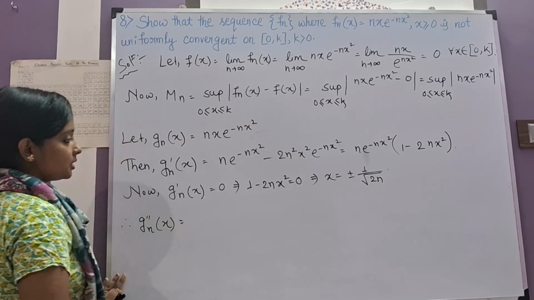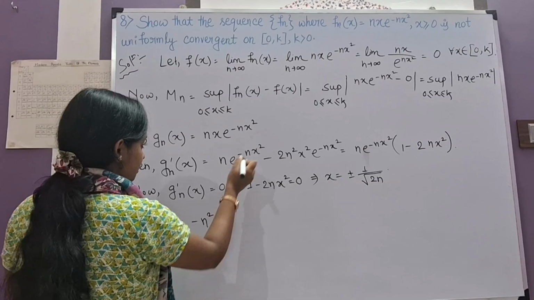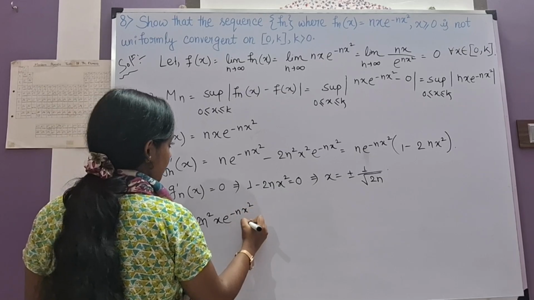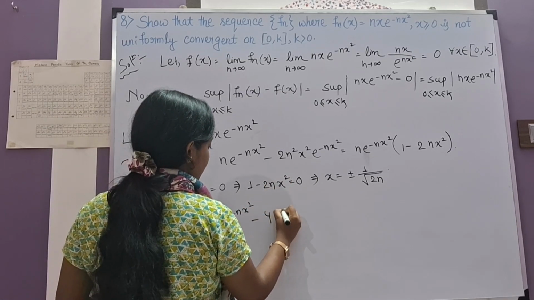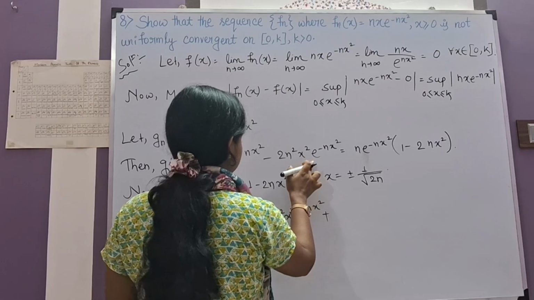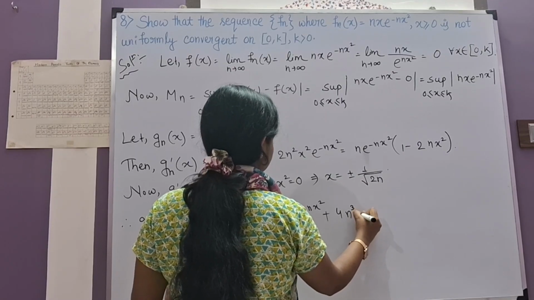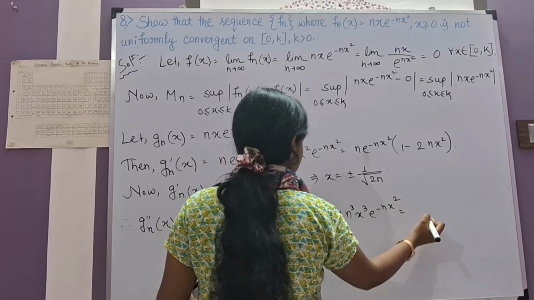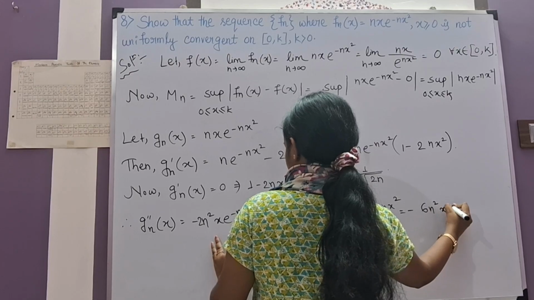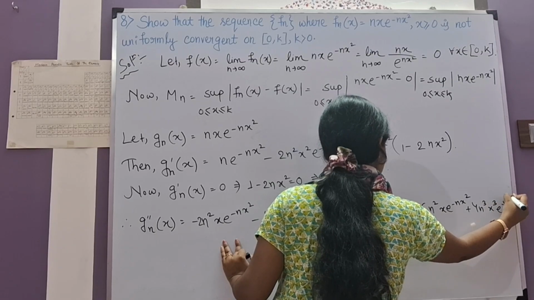G double dash n of x is equal to minus n squared 2x e to the power minus nx squared minus 4 n squared x e to the power minus nx squared plus 4 n cube x cube e to the power minus nx squared, equal to minus 6 n squared x e to the power minus nx squared plus 4 n cube x cube e to the power minus nx squared.